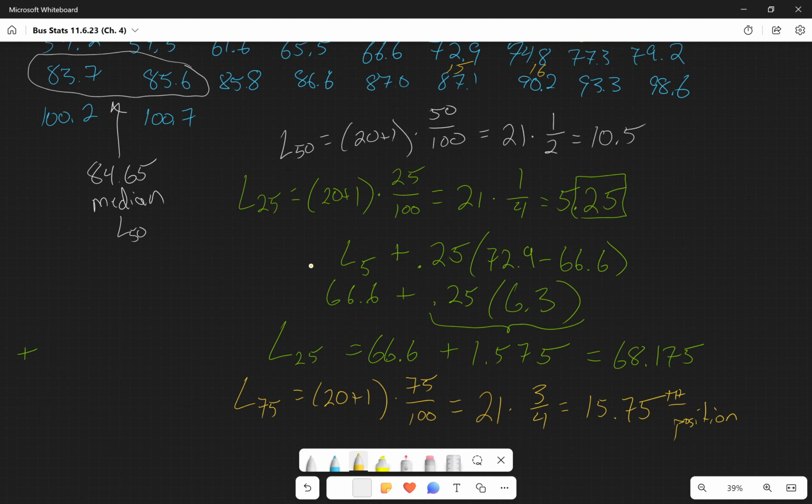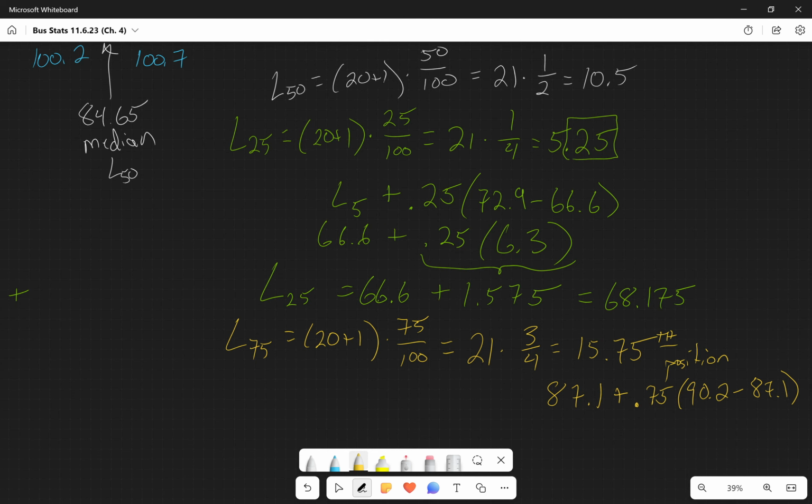And so we're going to have 87.1 plus 0.75 times 90.2 minus 87.1. Is everybody following me how we're getting this calculation here?